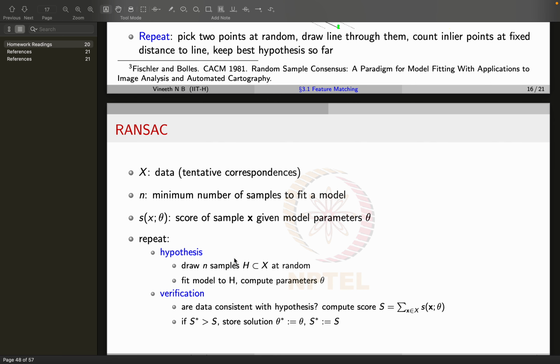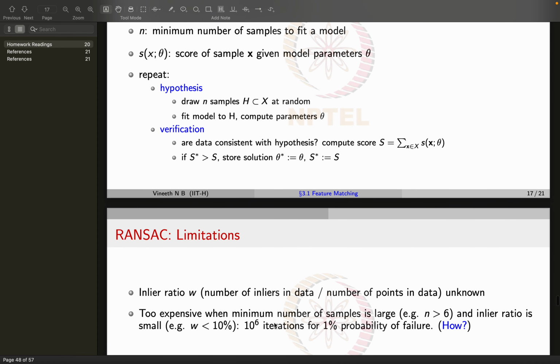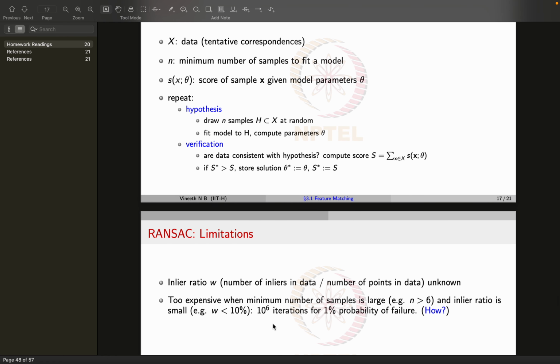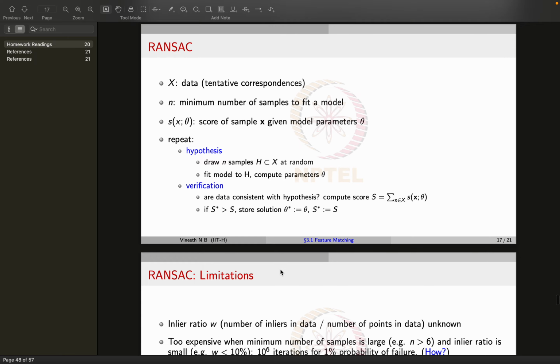So we draw n samples randomly from the whole data set, fit a model, get its parameters, then check whether it is consistent with the hypothesis. That is, I compute the score, the number of inliers. If the number of inliers is greater than some threshold, then I update my parameters. As in, I say this is the best I have achieved till now, so I keep these parameters. But the limitation is that we have to define the inlier ratio and so on.